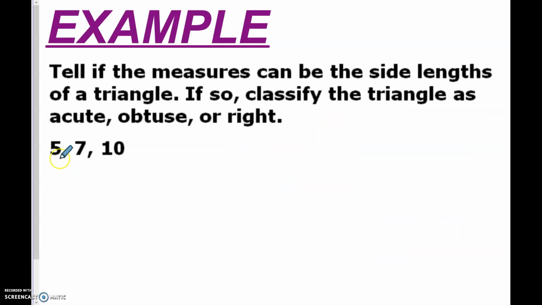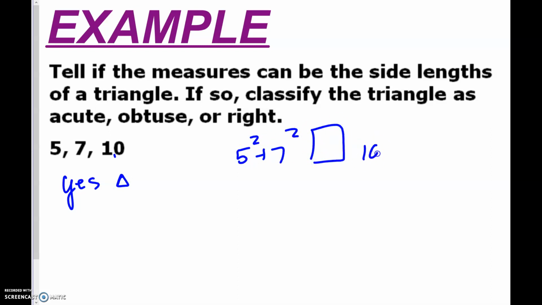All right, let's see. 5 plus 7 is bigger than 10. 7 plus 10 is bigger than 5. Okay, so yes, this is a triangle. So 5 squared plus 7 squared, how does that compare to 10 squared? So what do we have? 25 plus 49 is 74.